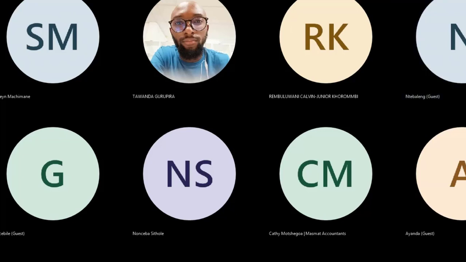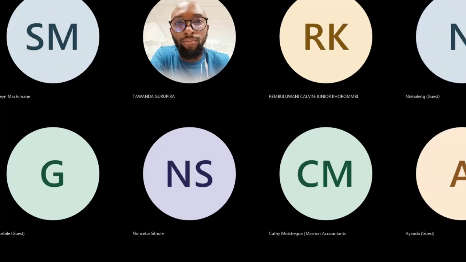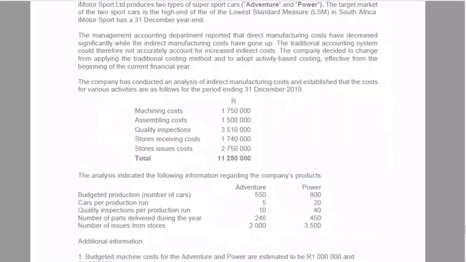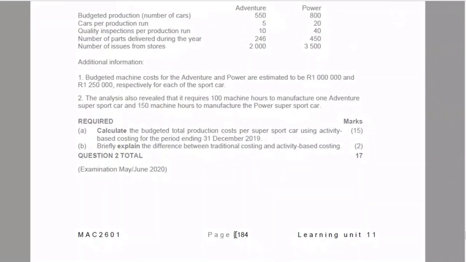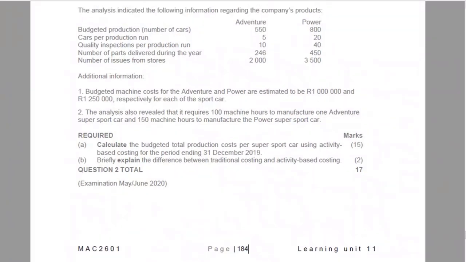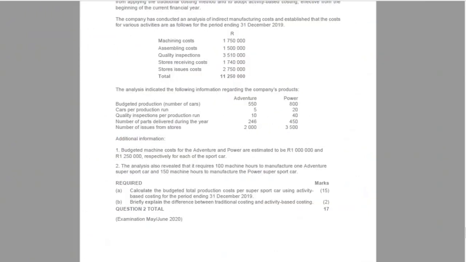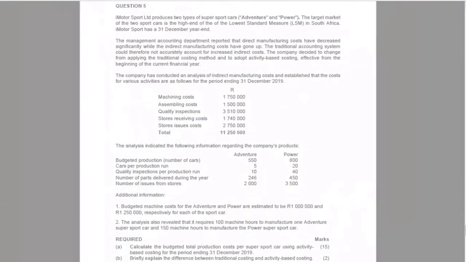Please do question 5. That's your homework. What page is this? It's an exam question. I like doing exam questions. It's page 184 in learning unit 11. And this would be your homework. Please do it.